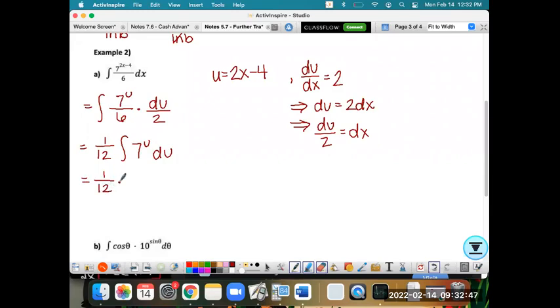As we just saw, the antiderivative of the general exponential is the same function, but it's divided by ln of its base. Keep it general. Let's go ahead and back substitute. So that would be 7 to the 2x minus 4 over 12 ln of 7 plus c.